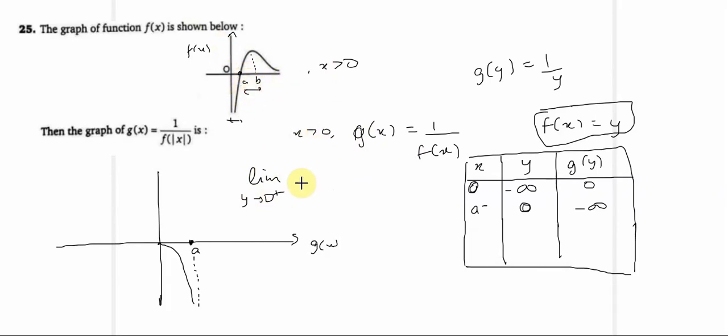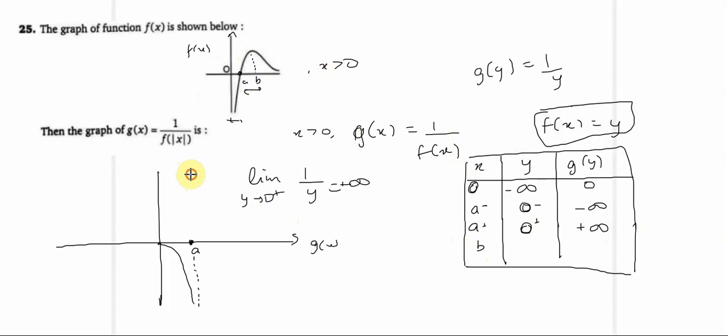So this is 1 by y, this is positive infinity. Y is again 0, this is 0 minus, this is 0 plus, positive infinity. And then next we have b. So at b it attains a maximum, so 1 by f of x attains a minimum.